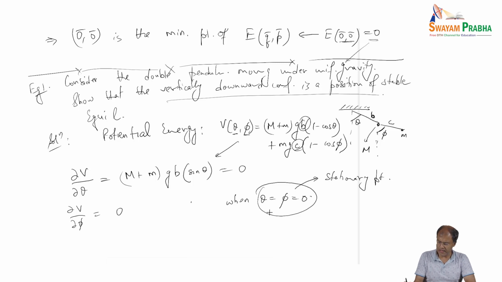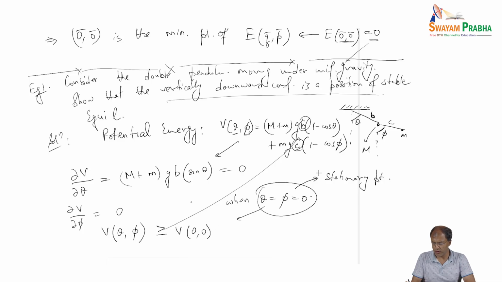If we choose any other value of theta and phi, the value of this potential will always be greater than the value evaluated at 0, 0, which is 0.